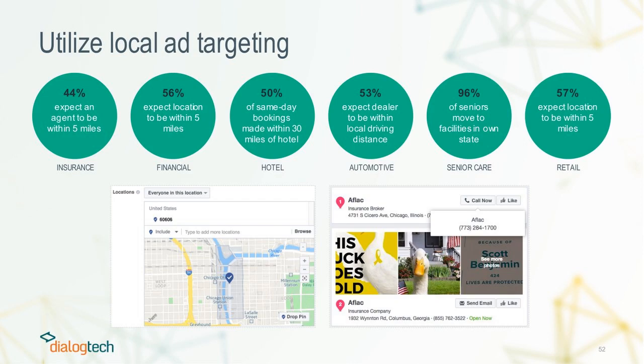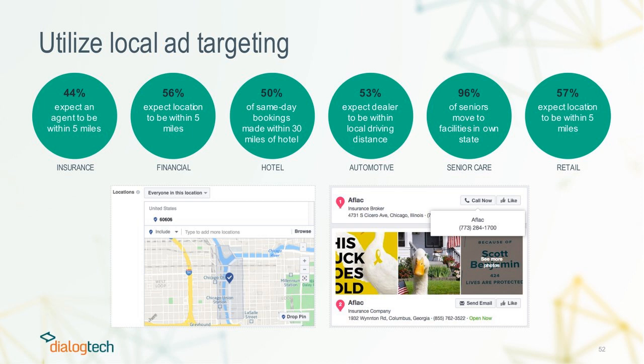Local search is huge, right? The volume of near me searches has just increased substantially over the past few years. And it's the same thing with Facebook. And I included a whole bunch of stats. I'm not going to go over all of them, but for the different verticals, you can see in this slide that when people search, they expect results then and there, and they expect those results to match exactly what they're looking for. So make sure you're showing them the business location that's as close as possible.